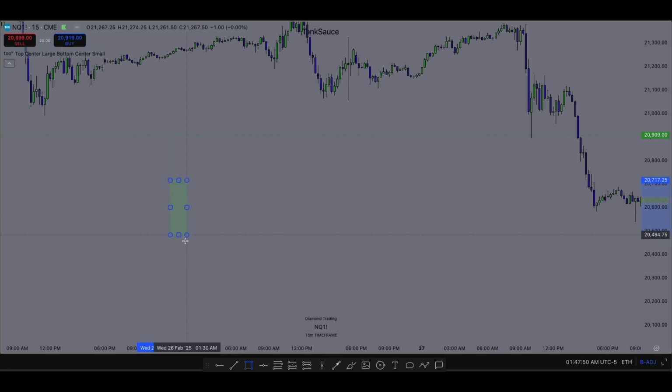Okay. So first we have the bullish candle. And we're going to add one more. This is what they look like. We have a bullish candle. And we have a bearish candle. Let's make this red.